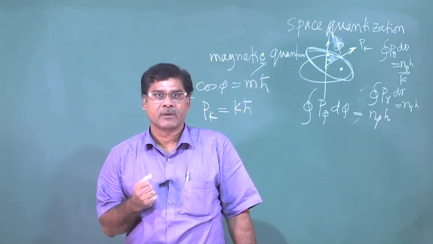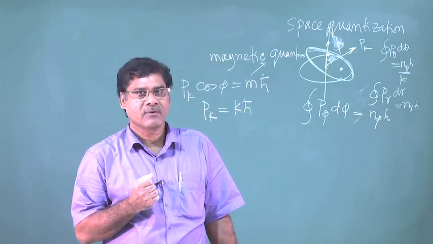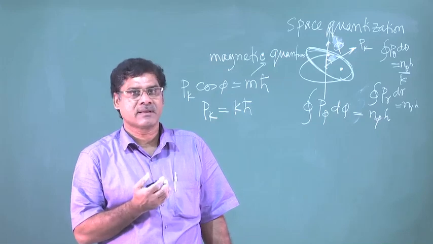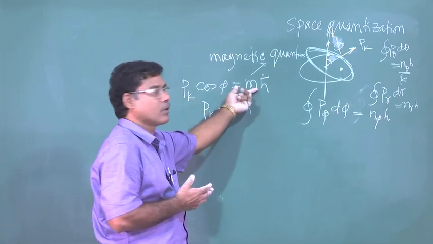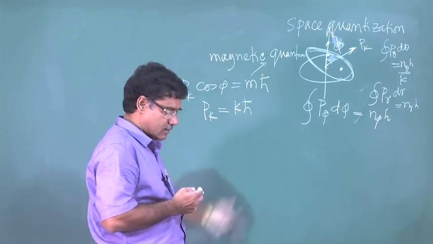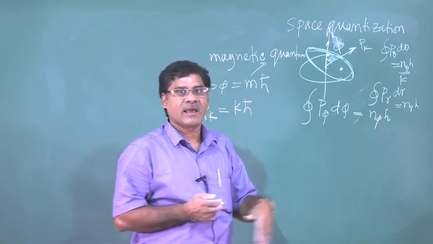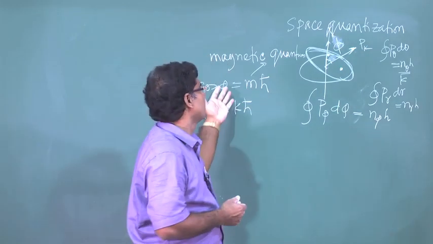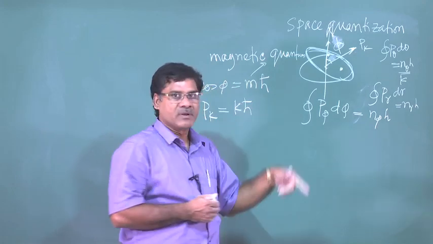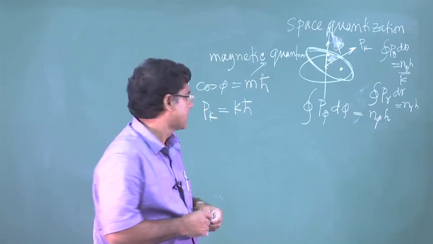Now we have to find out that energy, and see whether it depends on the m value or not. If it depends on m, then another quantum number will be introduced in the energy level, and we may see more splitting of the energy levels.